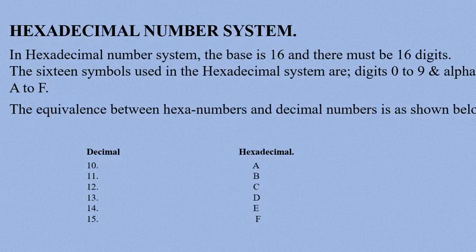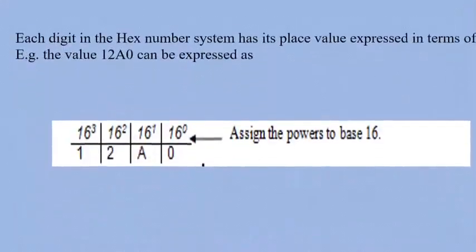Then when we reach number 10, look at the description below. 10 becomes A, 11 becomes B, 12 becomes C, 13 becomes D, 14 becomes E, and 15 becomes F. You shall be in a position to see that when doing calculations.